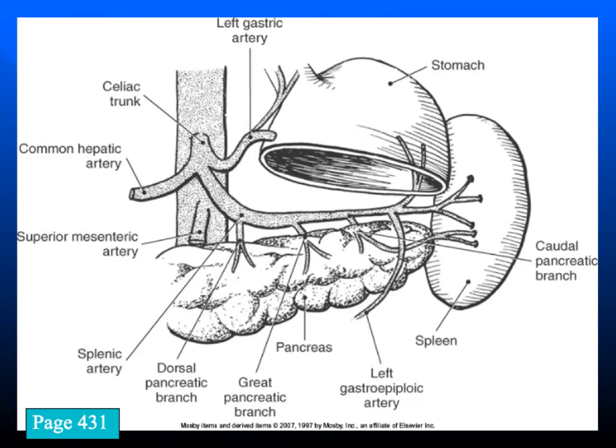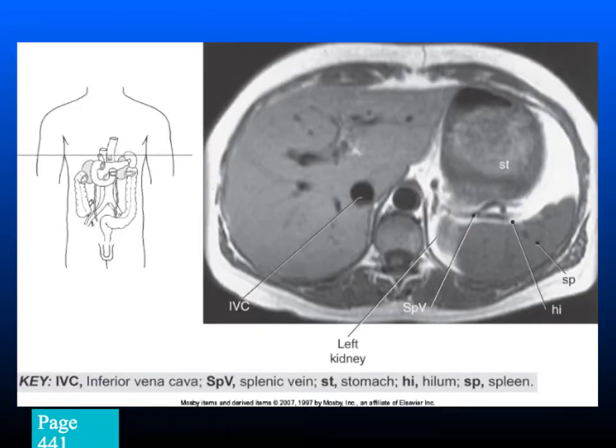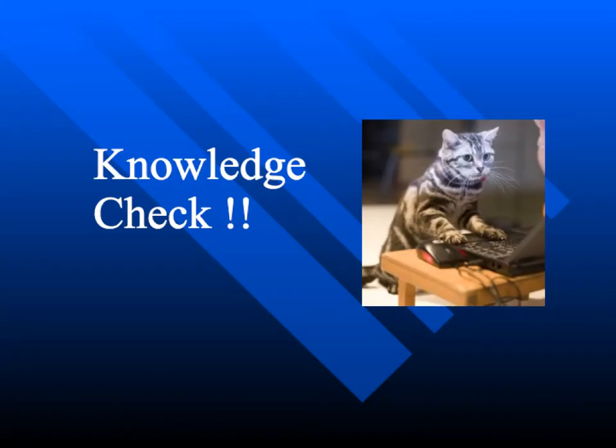This one you've seen again, just showing pancreas with the location of the rest of the structures in the abdomen. You saw this one as well, just to repeat, just to make sure we all know where everything is. So let's do some more knowledge check here.